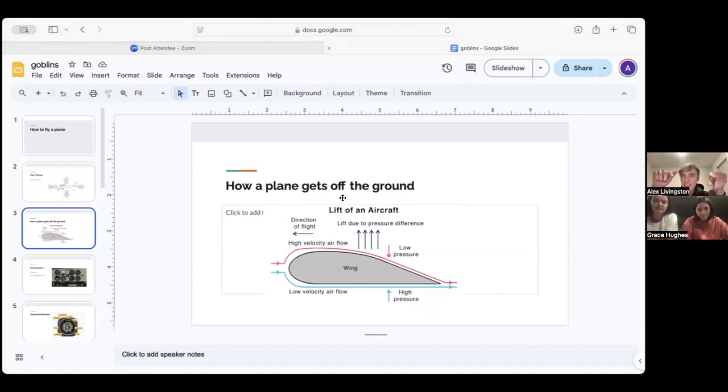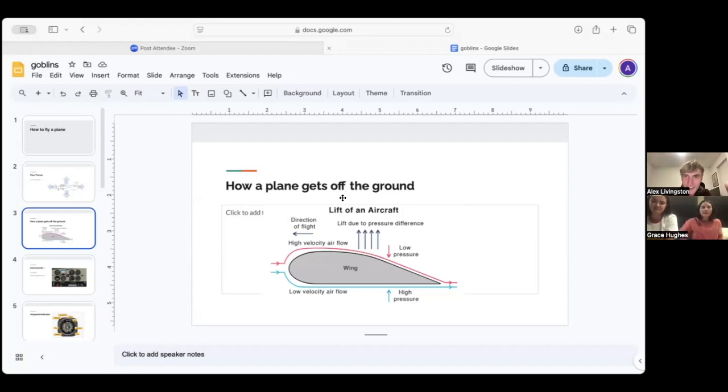So it creates a pressure differential: higher velocity of air on the top means lower pressure, lower velocity on the bottom means higher pressure. High pressure will always seek low pressure. So that high pressure is pushing up, wanting to go up to the low pressure, getting the plane off the ground.